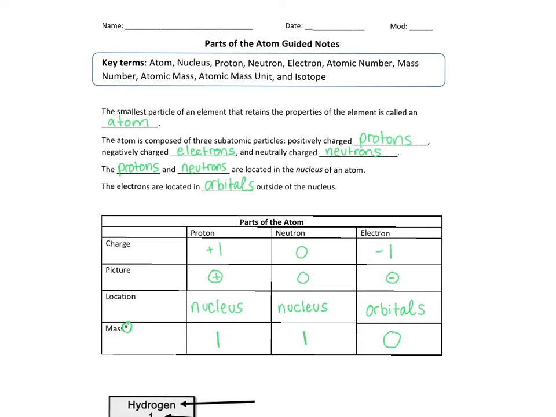Now, electrons are matter, right? So by definition, it has mass, and that's absolutely true. It has mass. They are just so tiny in comparison to the protons and the neutrons that if we call protons and neutrons 1, it's essentially 0 for our electrons.